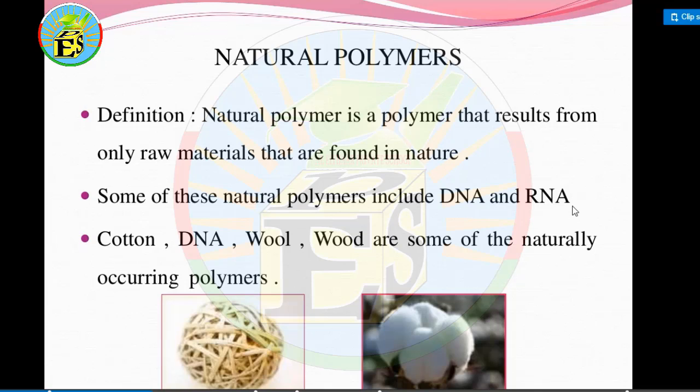You have already studied deoxyribonucleic acid DNA, ribonucleic acid RNA. They are natural polymers. Cotton, DNA, wool, wood are some of the naturally occurring polymers. So now you know what the natural polymers are. All these are natural polymers.